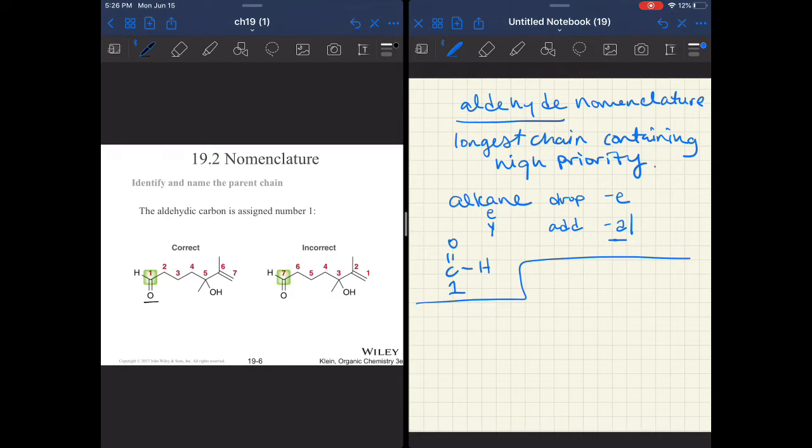Even though that gives more high locant substituents, first and foremost is your aldehyde priority. So this becomes, let's see, we've got 2 methyl groups, we've got a hydroxy, and this is an alkene.